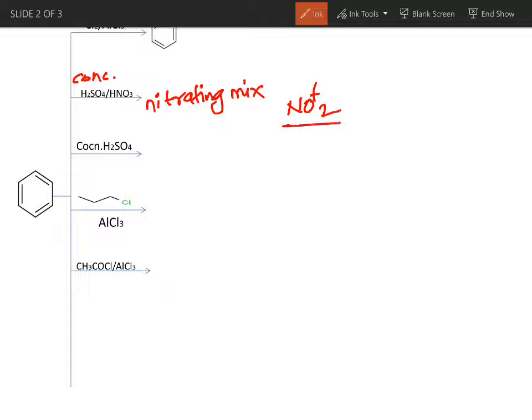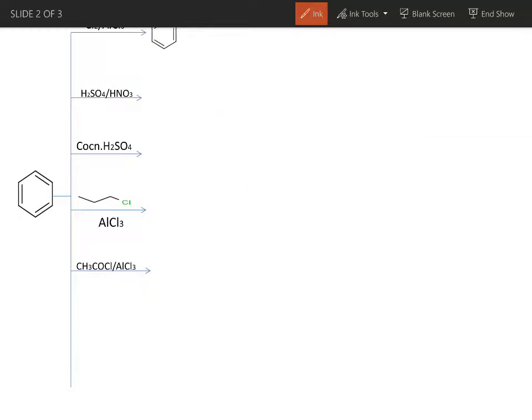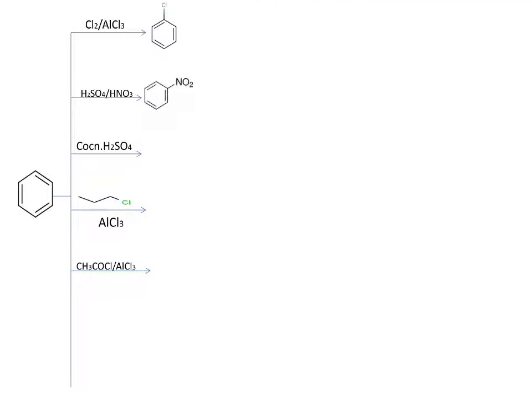This NO2+ is called the nitronium ion. This NO2+, which is acting as electrophile, gets introduced on the benzene ring and forms a carbocation. Again, the carbocation is stabilized by resonance. It loses a proton and forms the compound nitrobenzene.